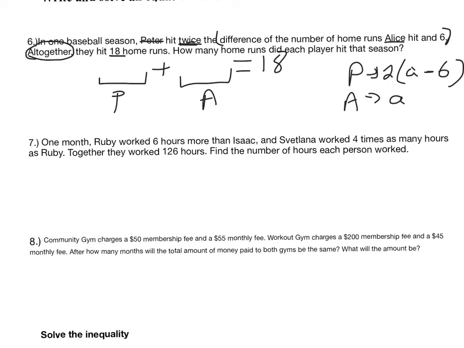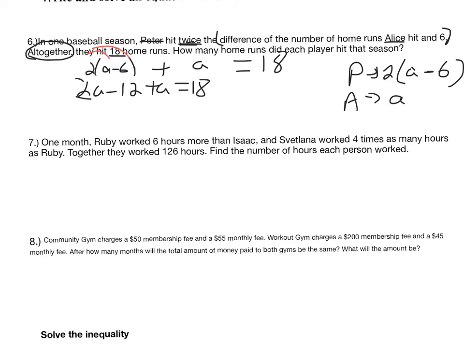Now we just go ahead and plug this in. So for Peter, we have 2 times A minus 6. For Alice, it's just A. And once we have all that information there, we just solve this. So our first step is going to be to distribute. So this would be 2A minus 12 plus A equals 18.